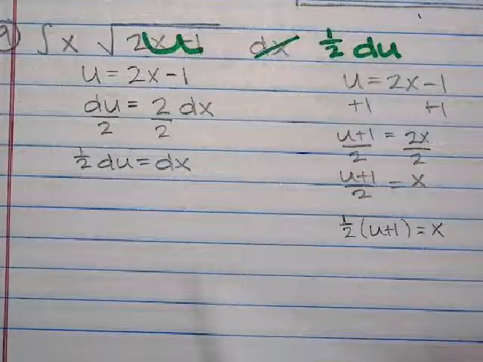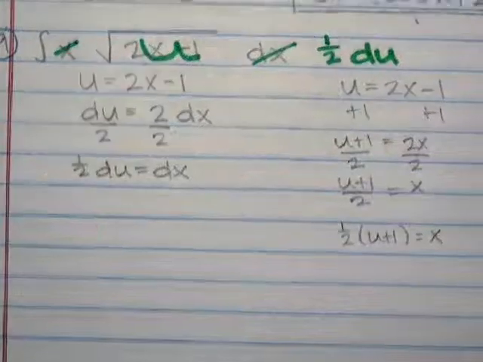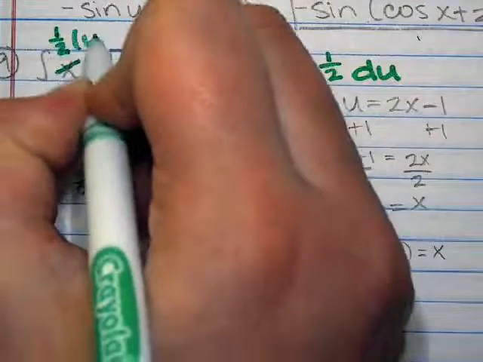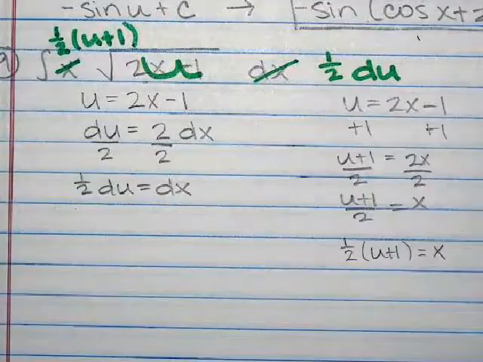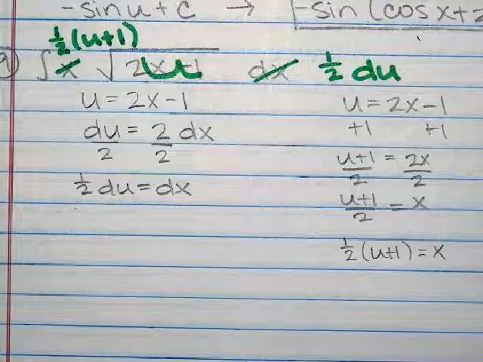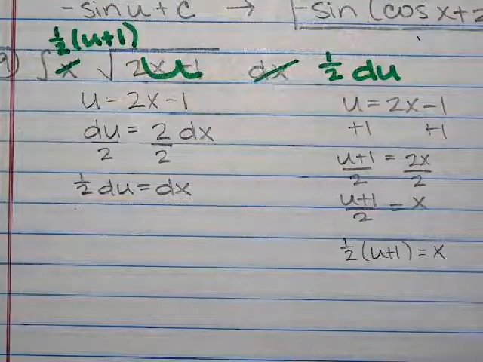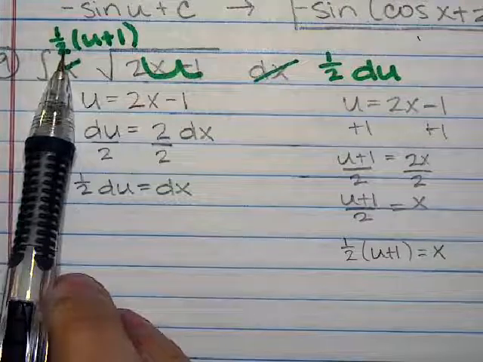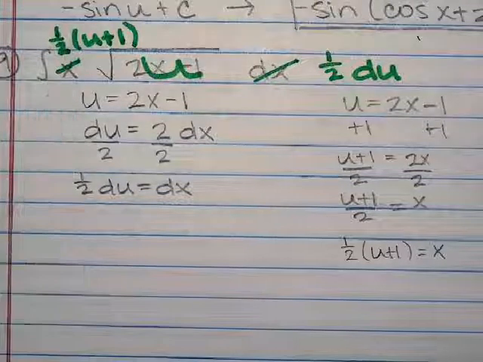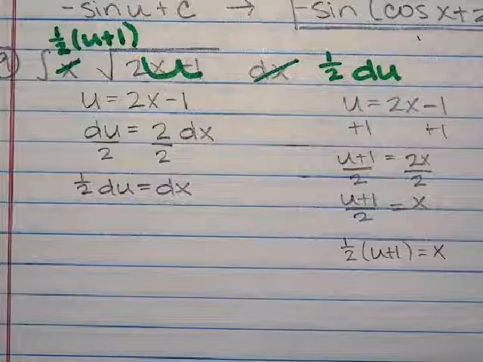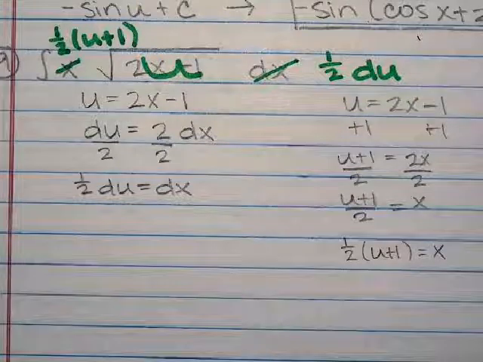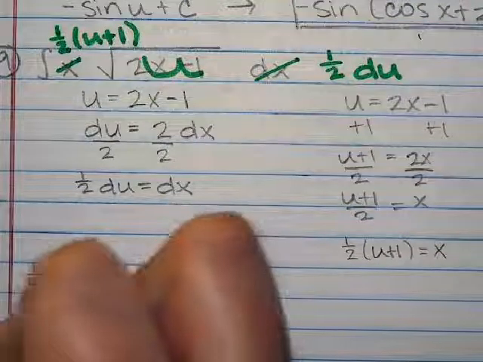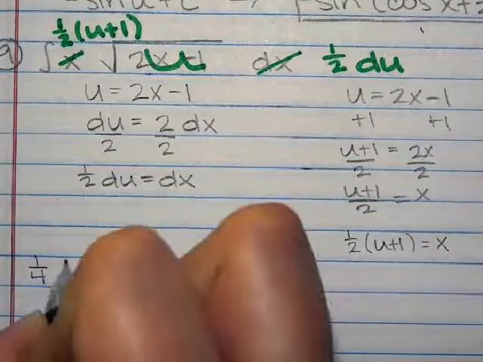Okay. So now what most people would do is they would take this 1/2 and that 1/2, and they would call it a 1/4 in the front. Is that comfortable? Okay. So we're going to say 1/4 in the front. And then we're going to say we have a u plus 1, and we have a root u, and we have a du.